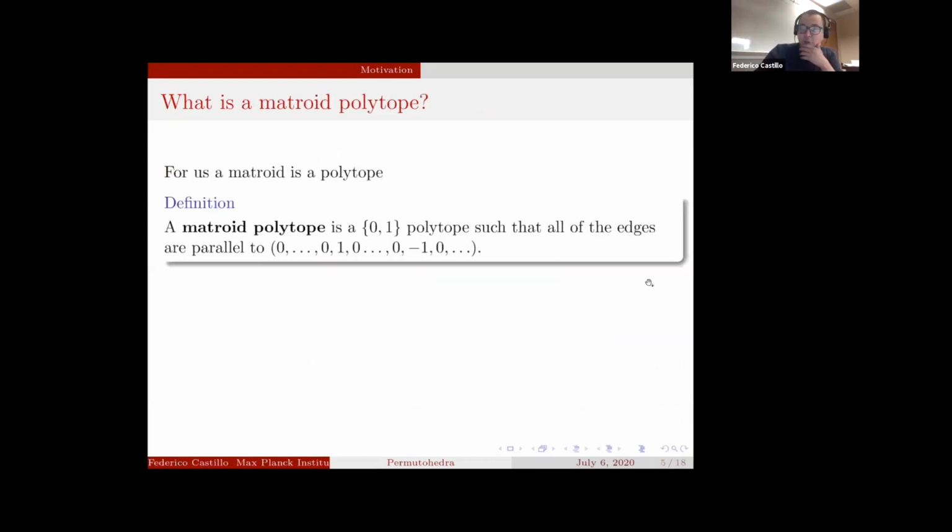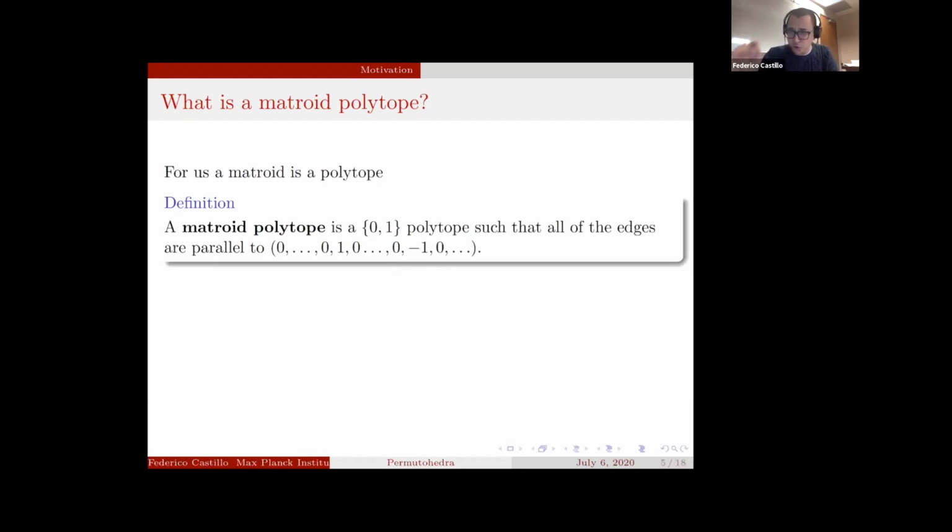Okay, that's a polytope. So what is a matroid polytope? A matroid has many equivalent definitions, but in this talk, a matroid is a polytope. So we have to define a matroid polytope, and the definition is basically a 0-1 polytope. By this, I mean that it is the convex hull of finitely many points, but these points all have 0-1 coordinates.